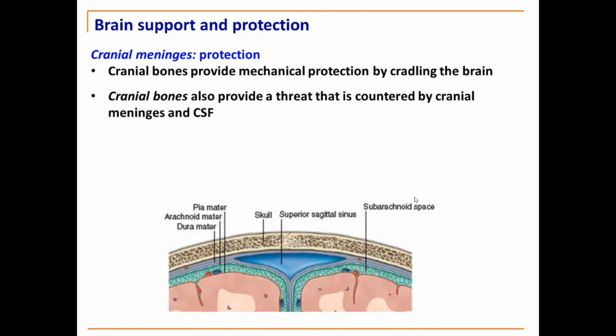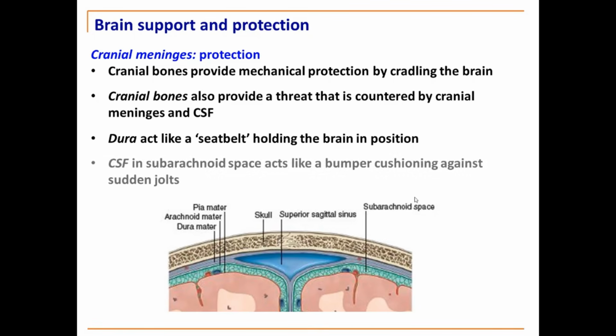So if your skull does snap or break or splinter, you've got the cranial meninges there and the CSF helping to provide that support. The dura acts like a seatbelt, holding that brain in position, and the CSF in the subarachnoid space acts like a bumper, helping to cushion against sudden jolts. So that's an easy way to think about how that works. You've got the bones acting as a car itself, the CSF is a bit like a bumper, and then the dura is acting like a seat belt itself.